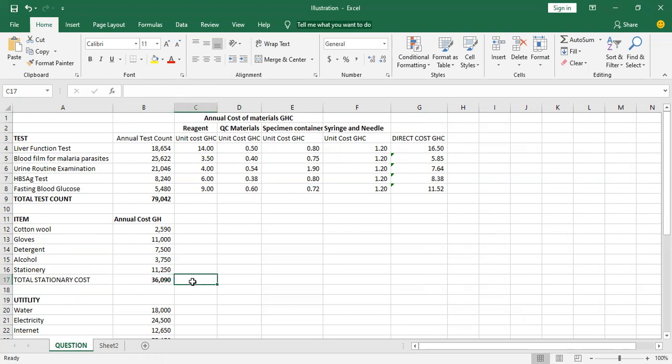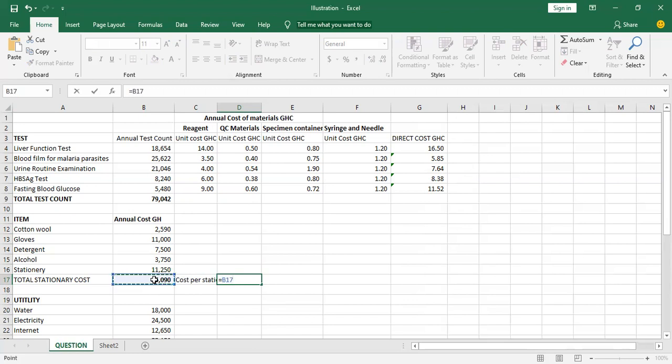So we arrive at what we call cost per stationery. So it is going to be the total cost of stationery divided by the total test count. So total cost is 36,090 divided by our total test count for the year, and that gives us 0.46.